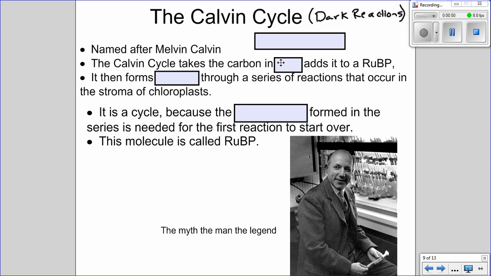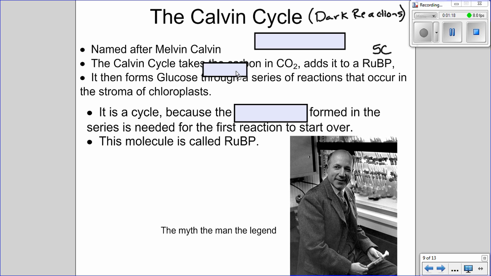The Kelvin cycle is a simple cycle that takes carbon from carbon dioxide and adds it to this molecule called RUBP. RUBP is a 5-carbon molecule. All right, so keep that in mind. It has 5 carbons in it. And you take the 1 carbon from CO2 to create a 6-carbon molecule.